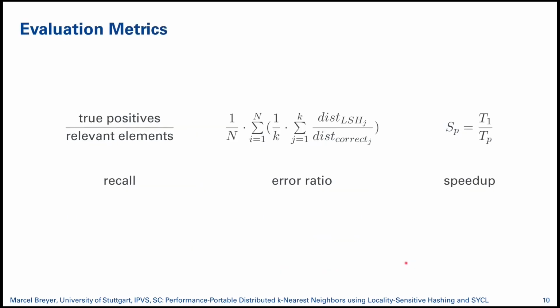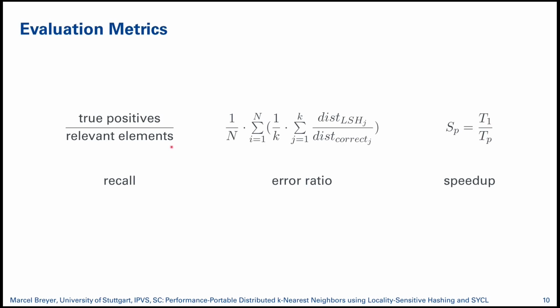Additionally, I've implemented different evaluation metrics. At first, the recall, which is the ratio of the true positives and the relevant elements. However, the recall is a hard metric, since in an approximate algorithm it can be sufficient to get nearest neighbors that are not the exact nearest neighbors, but that are relatively close to them.